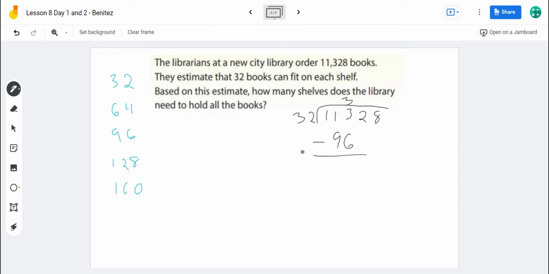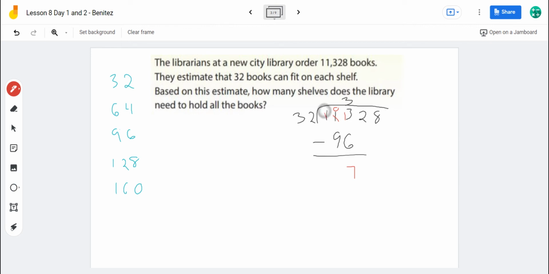I want you to pause here, subtract those two numbers on your own. The reason I'm asking is because there's regrouping involved and we need practice with that. 3 minus 6, you can't do. Regroup. So this is going to become a 0. This is going to become a 13. 13 minus 6 is 7. 0 minus 9, can't do it.